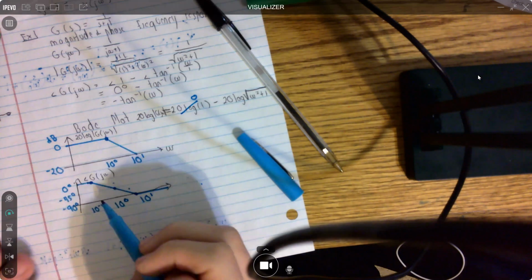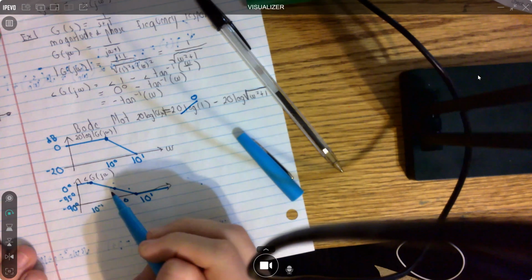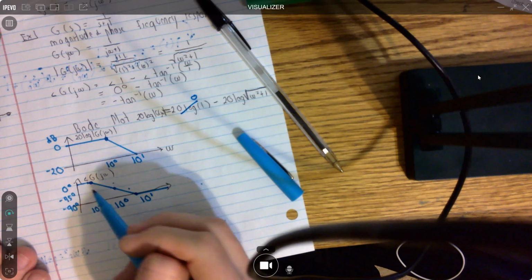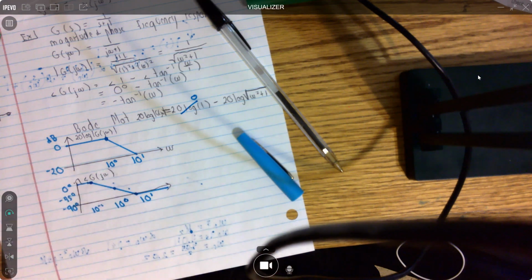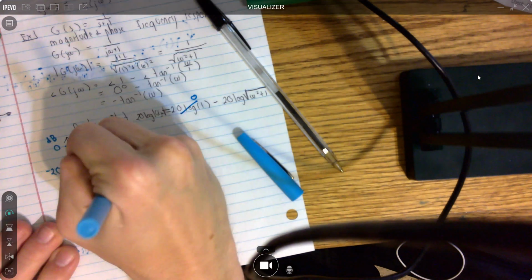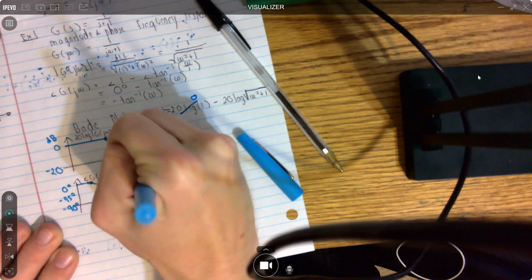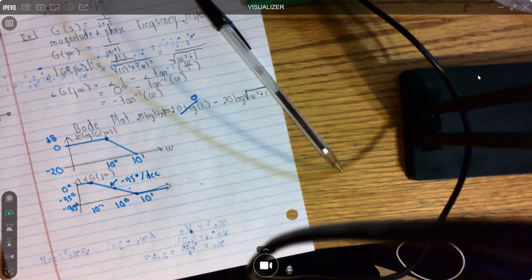So a pole contributes negative 90 degrees in total: negative 45 degrees 1 decade before and negative 45 degrees 1 decade after. That's the contribution by the pole, so that's the phase plot. It has negative 45 degrees per decade. That's just the main thing to take into account.